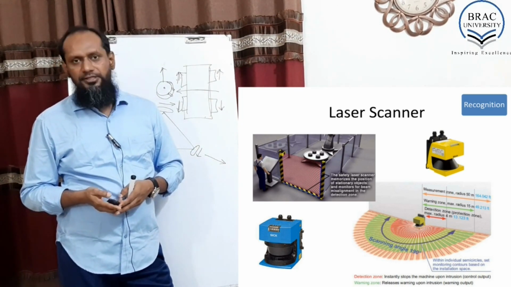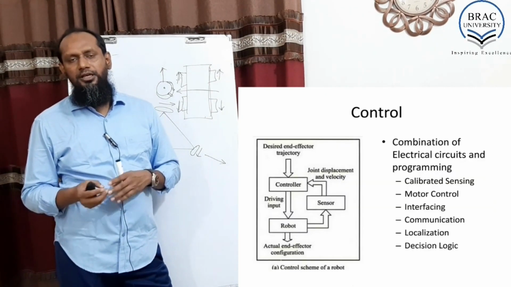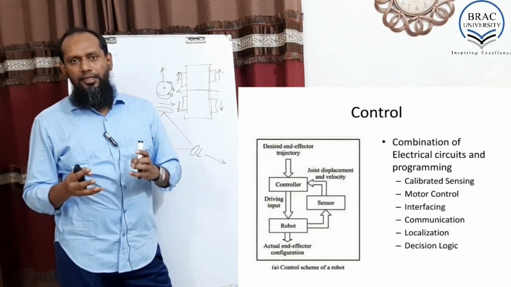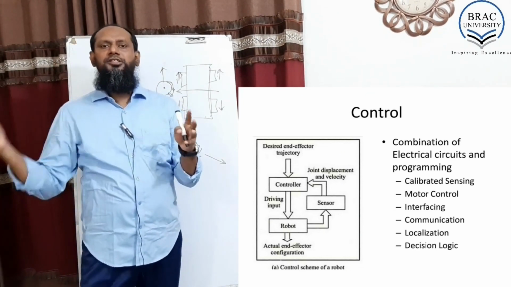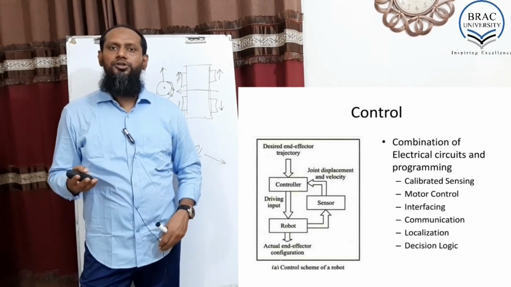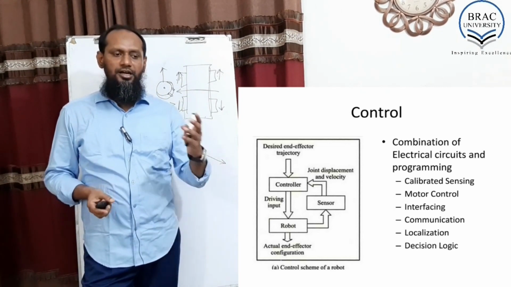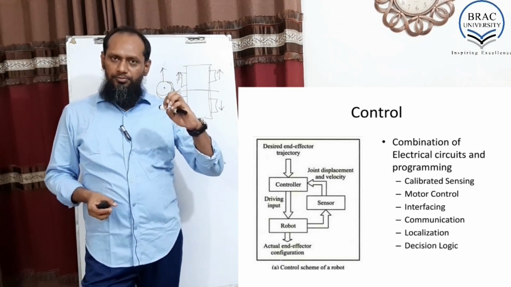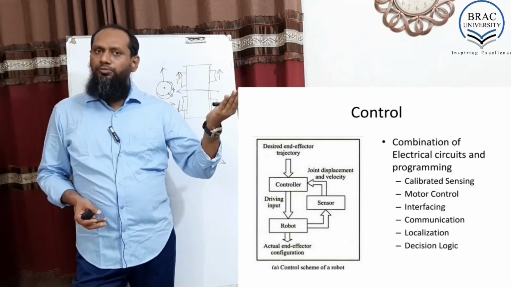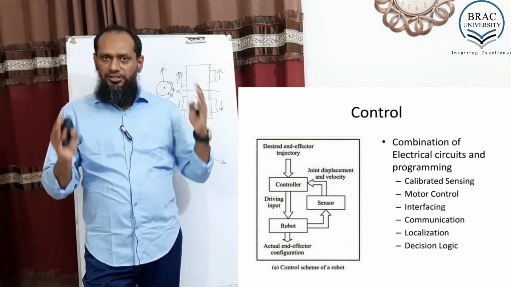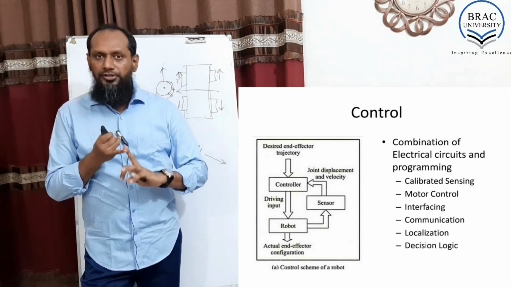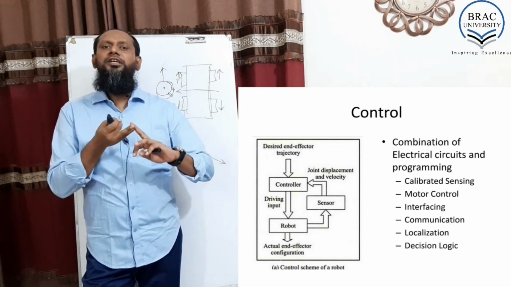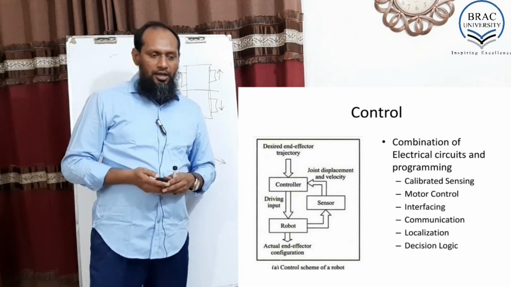Now the control subsystem. Control subsystem means processing. We will have a different lecture on processors, but here, just a summary. As I told you before, for processing and controlling, number one, we need the processor, and then we need a good algorithm.